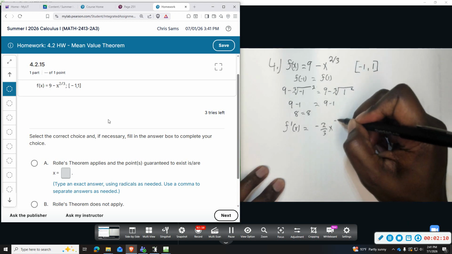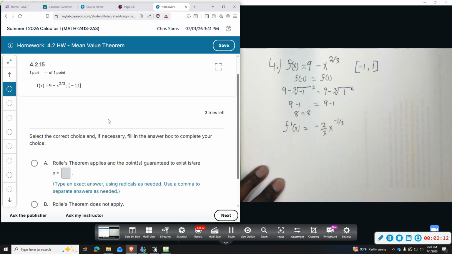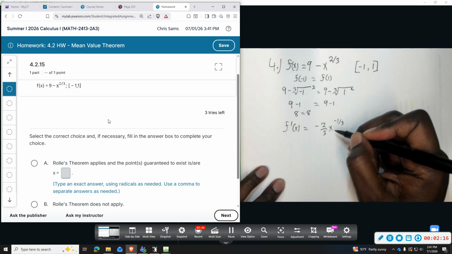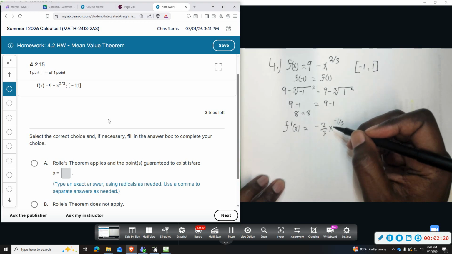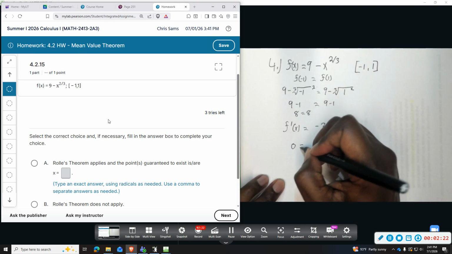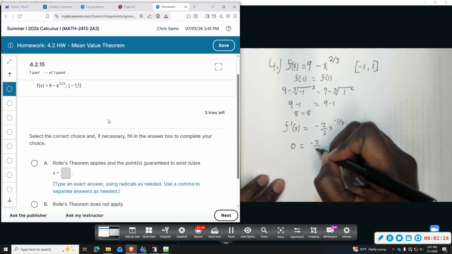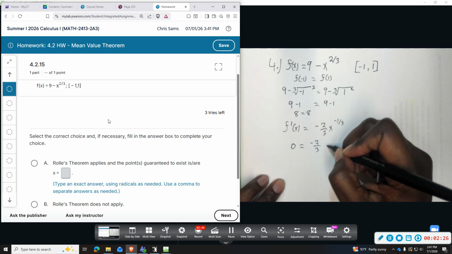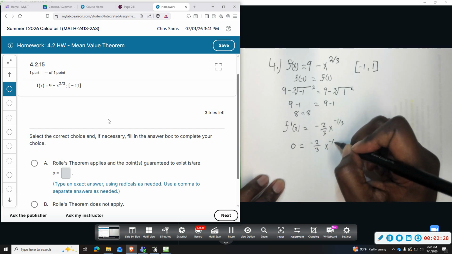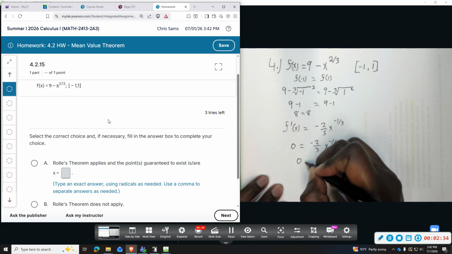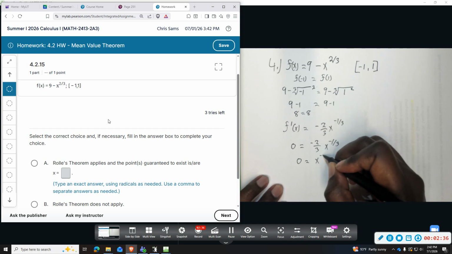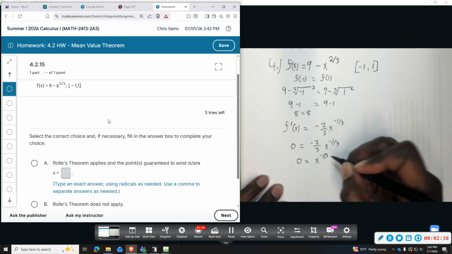So it'll give me a -1/3. And when we set this equal to 0, we can multiply by this constant, and so that will give us 0 equals x to the -1/3.